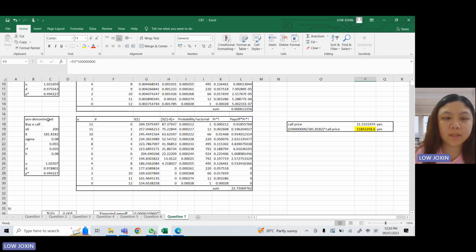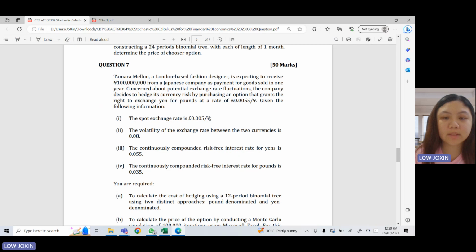And for yen denominated, we will buy a call, because now I am a Japanese, assume that I am a Japanese, and I will get this much of my domestic currency at the end of 1 year, so I can use it to buy the pound.